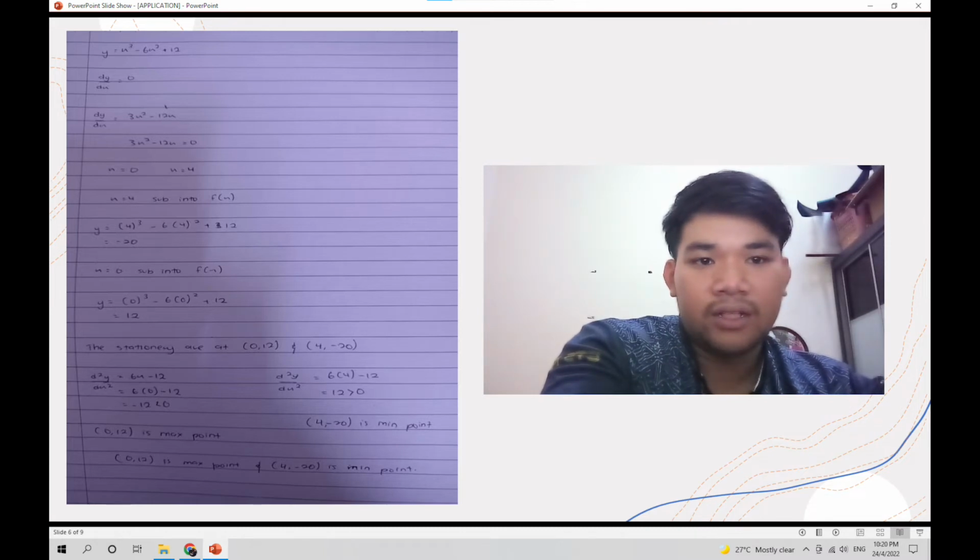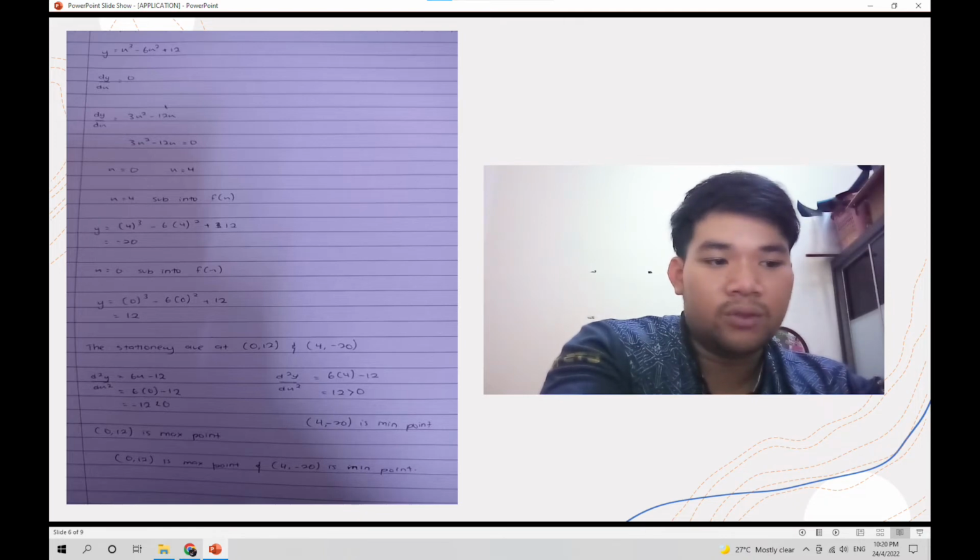After we get the coordinates, we must differentiate another time. The formula is d2y over dx2. For the first, we get the answer negative 12, which is lower than 0, and the second is 12, which is more than 0.